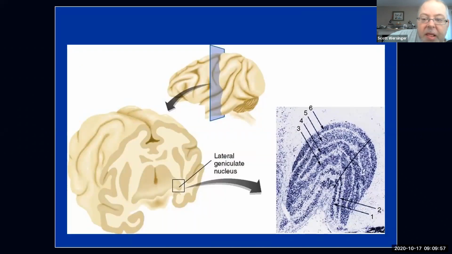All right. So this is a picture of the lateral geniculate nucleus. Okay, and if you look at the lateral geniculate nucleus, this is going to be a cresyl violet stained section. You can see 1, 2, 3, 4, 5, 6 layers. These layers with the purple dots, remember cresyl violet stains cell bodies.